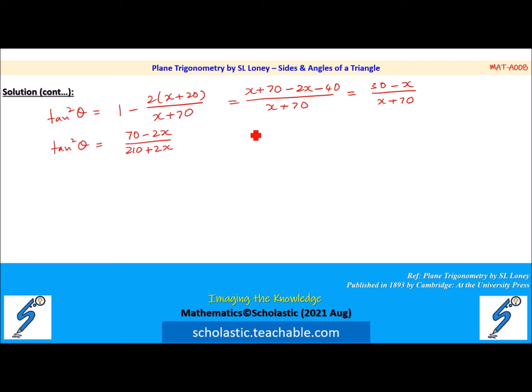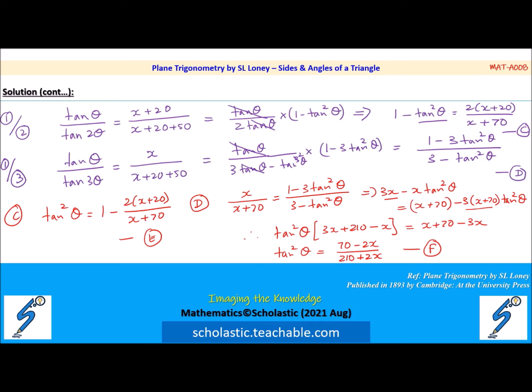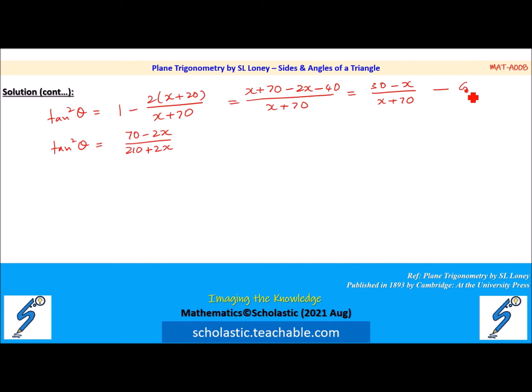If we equate these, this is equation G and this is equation H. So from G and H, we can write (30 minus x) divided by (x plus 70) is equal to (70 minus 2x) divided by (210 plus 2x).